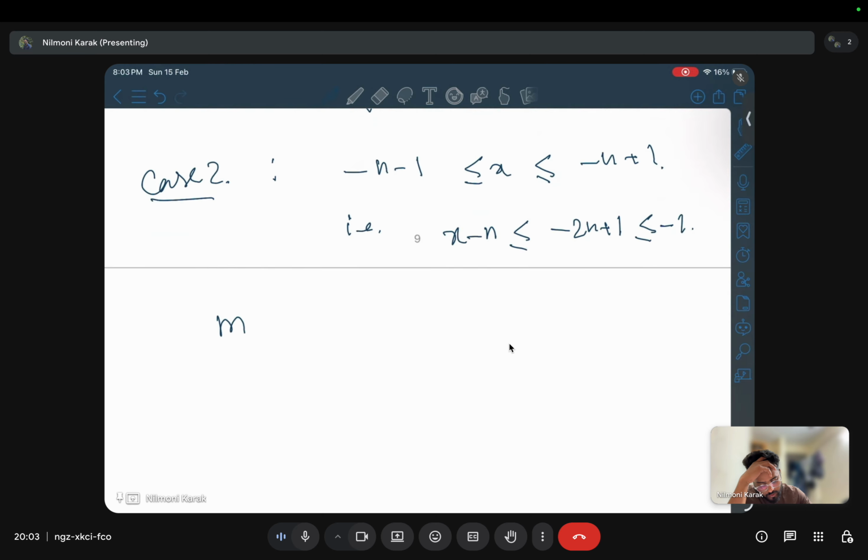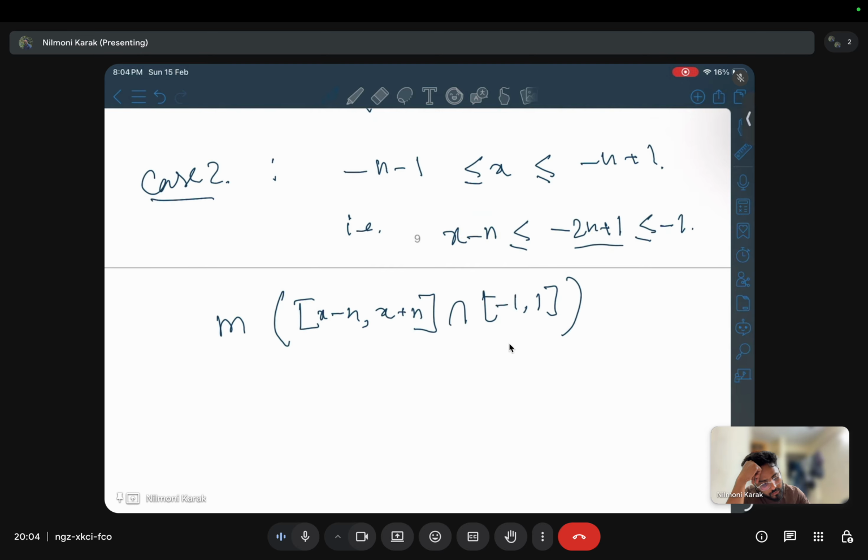Now the measure is of x minus n to x plus n intersected with minus 1 to 1.